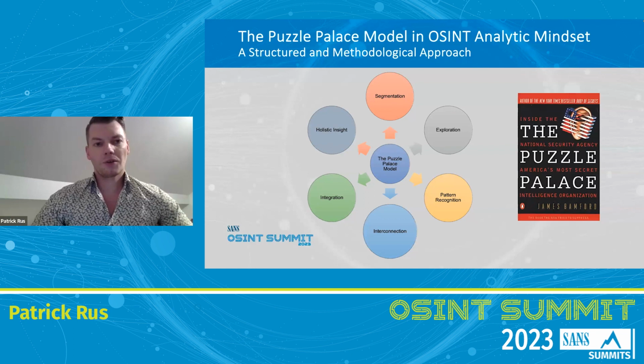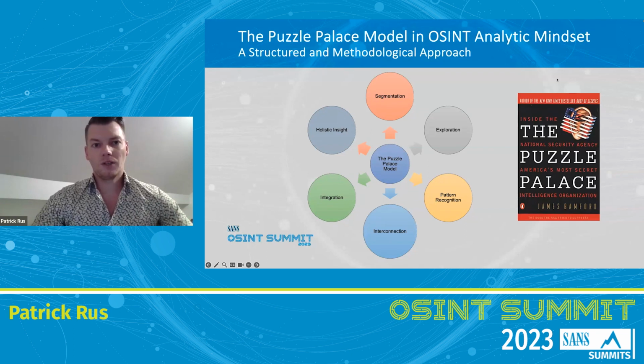The inspiration of the Puzzle-Palace model comes from a book written by James Bamford in the 80s. James tried at that time to analyze or to build a picture of the National Security Agency using various types of OSINT sources.